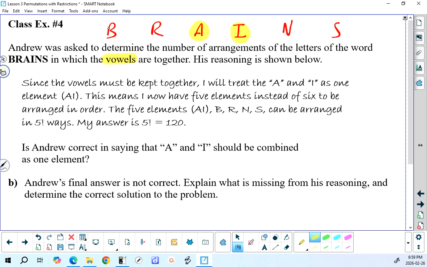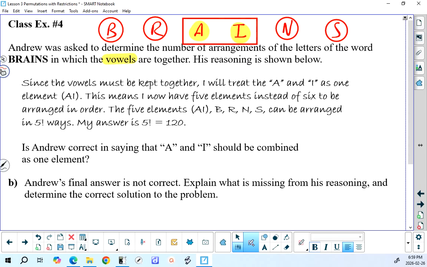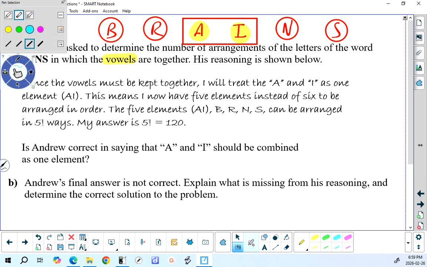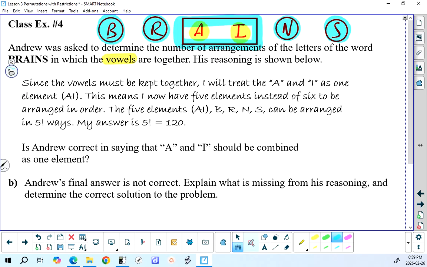What Andrew says is he is going to take this item, this item, this item, this item, and these 2 items and create one element, one thing. And if you look at what's at the top of the screen, I have 1, 2, 3, 4, 5 things. I have this is one thing. I have this, and I have this. I have 5. So Andrew says, well, it's 5 factorial.